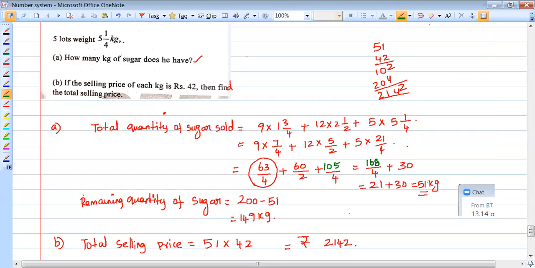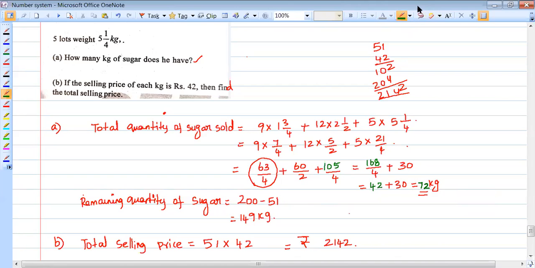Then we will get 42 plus 30. So here 105 plus 63, 168. I will get 72 kg.